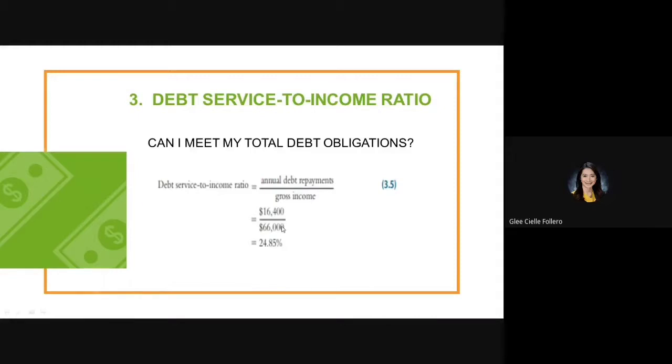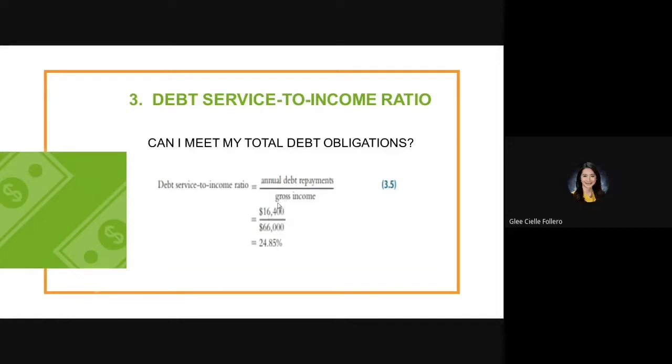In our example, the result is 24.85%. So it is less than the 36%, meaning this ratio is desirable. It indicates that gross income is adequate to make debt repayments, including housing cost, kasi kasama nga yung mga mortgage payment, and it implies that you usually have some flexibility in budgeting for expenses.